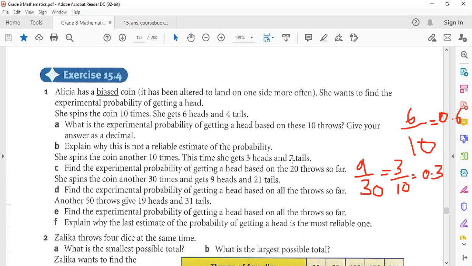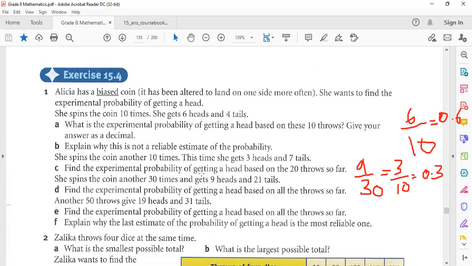If she has 50, what is the probability? It will be 30. So what we need to do here is just add these two numbers.